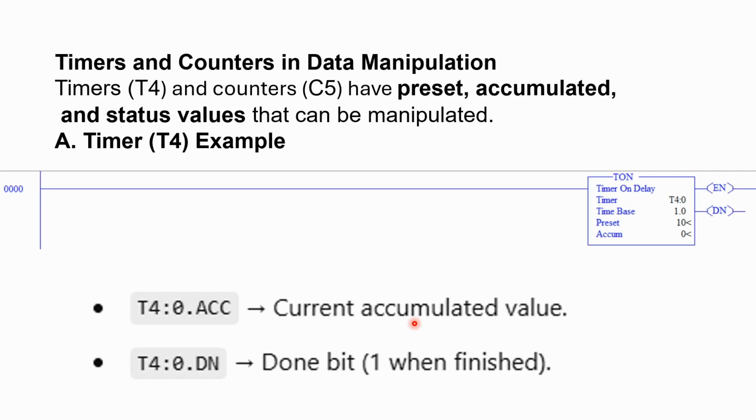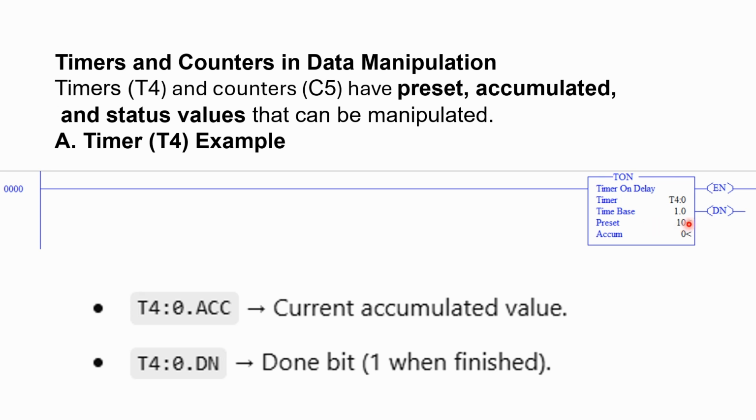So, timers and counters within data manipulation. Timers and counters have presets, they have accumulators, and status values that can all be manipulated. Here we have an example of a timer, T4:0. The time base is 1, which means it's going to time in increments of 1 second.